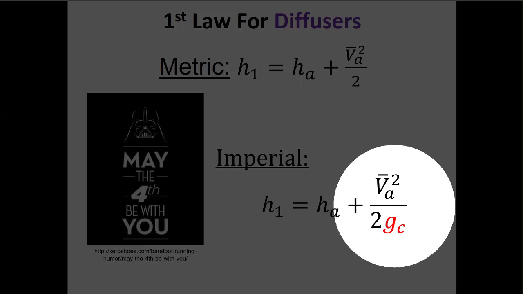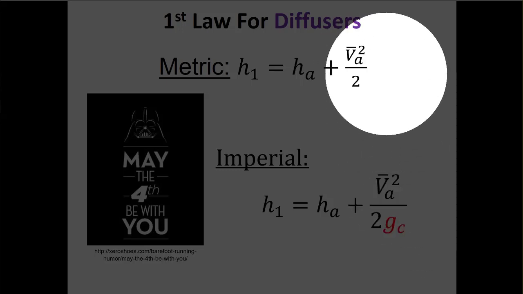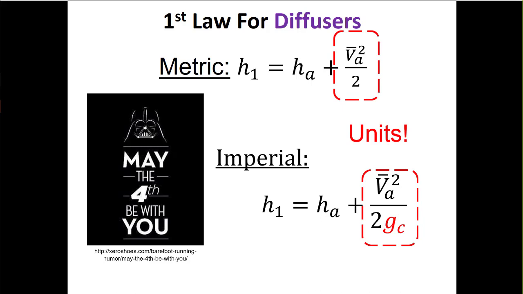So probably here, I'm going to have to multiply this term by 1 BTU divided by 778 foot-pounds, just like in this term, I probably am going to have to multiply by 1 kilojoule per 1,000 joules, right? But just to get to the right quantities as energy per unit mass, I got to divide by that gc when I'm dealing with imperial units, right? So the diffuser and the nozzle, we always got to be aware of the units, right?